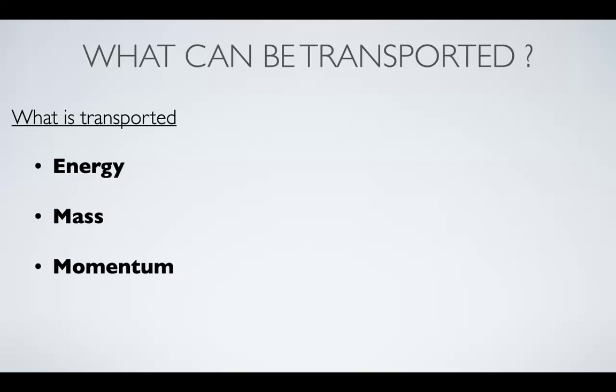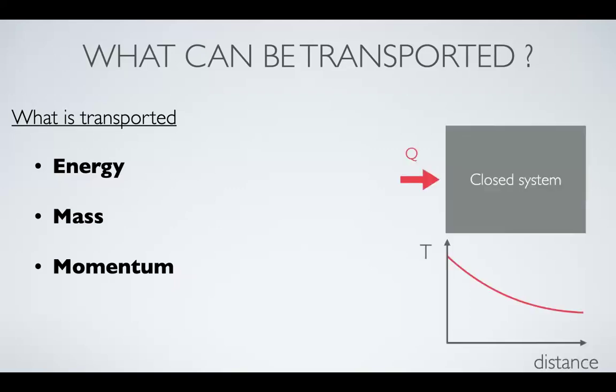And if you want to consider if it can be transported, there must be something that drives these 3 things to transport. So you have to have some kind of measurable variables that can tell if this can be transported. In terms of energy, in the previous example, we applied heat, or in this case the energy, and you can measure temperature along this distance.